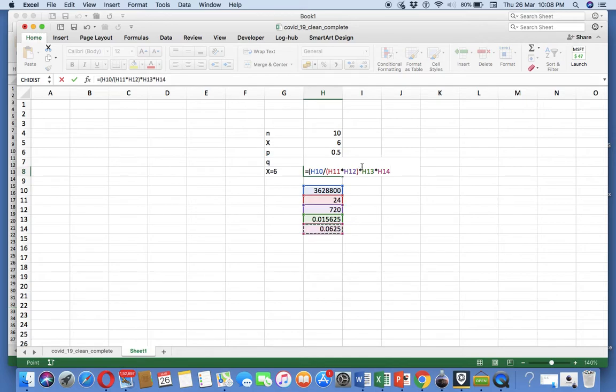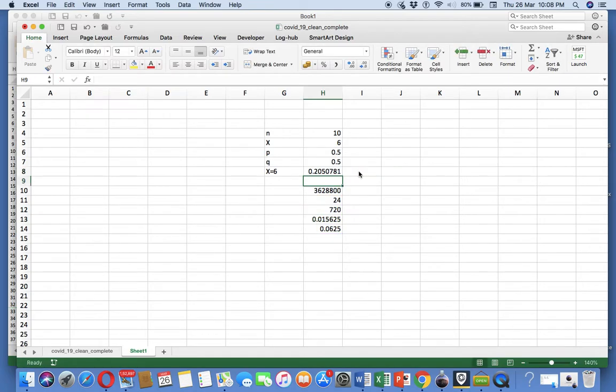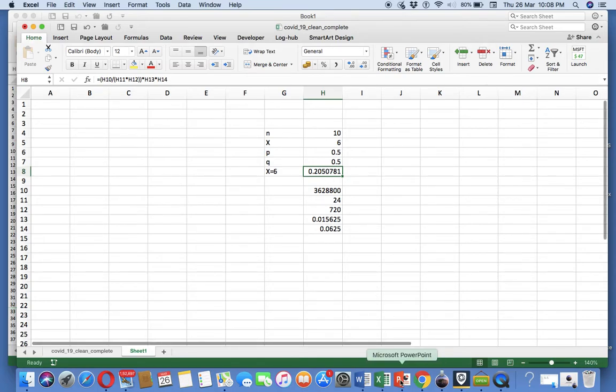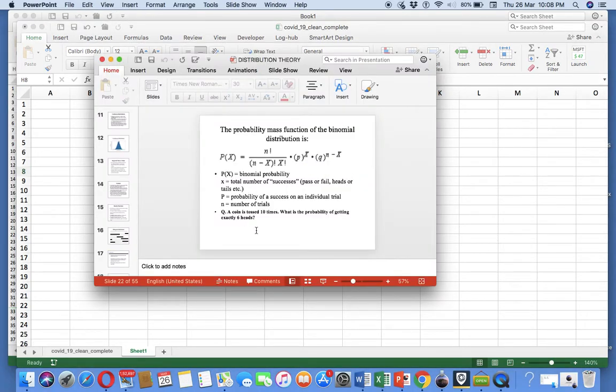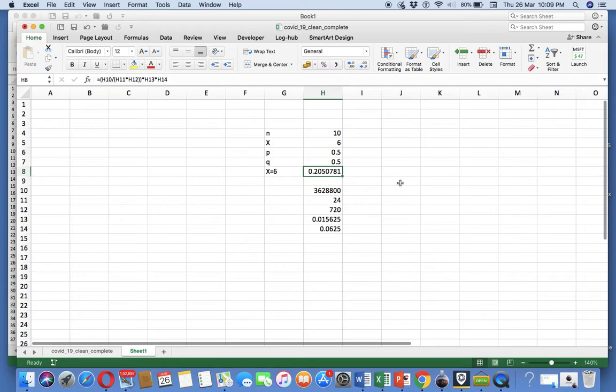This whole thing should be covered in a bracket. So we get a probability of 0.25. The probability that you'll get heads 6 times in a toss of 10 coins is about 0.2.